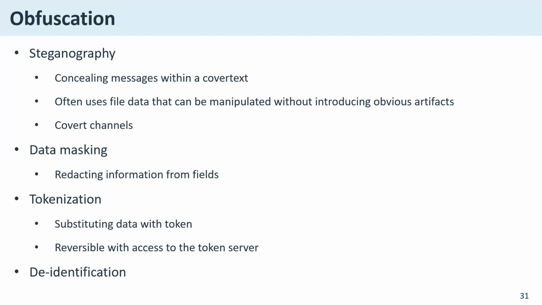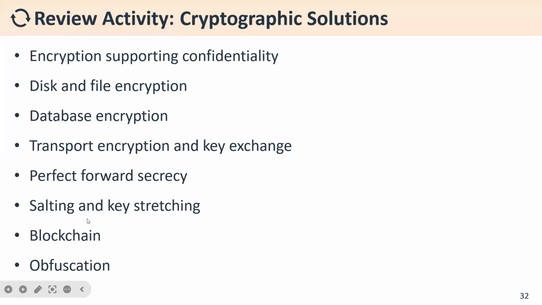I think we implemented this kind of thing on a website we're building for an international association, where we had to obfuscate some of the data on the public page of some part of the website. So that's a way to do obfuscation. You also have tokenization, where you substitute data with a token, and also de-identification. All of these are examples of obfuscation.